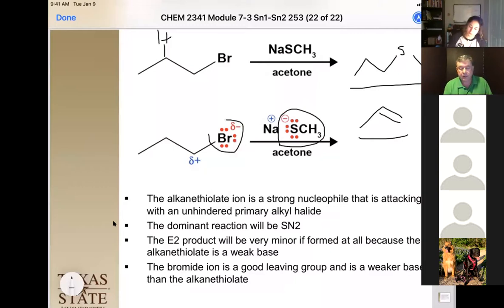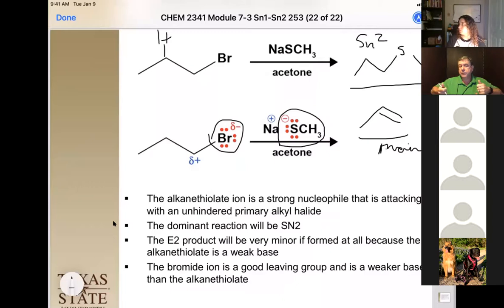We have a bromine, and its conjugate acid would have a pKa that was negative, and therefore it's probably the weaker base, so the reaction will go, and it's going to go by an SN2 mechanism as the major product, and maybe a little bit of this. Minor.